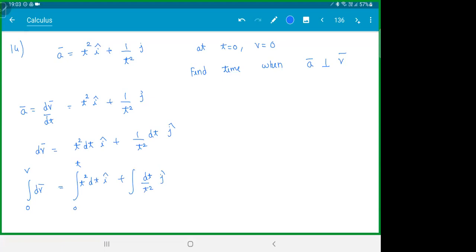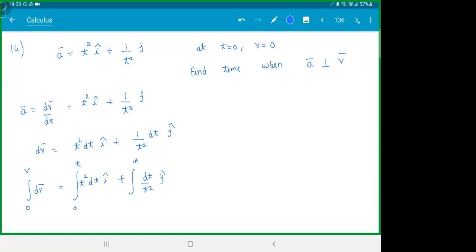I goofed up. How did you guys get this? We goofed up actually, because when you put 0 to t here, the integration gives 1 by t, and t becomes undefined. Isn't it? We goofed up there.